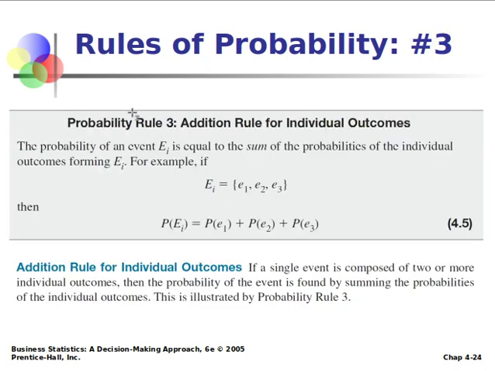Now, rule number 3. Addition rule for individual outcomes.